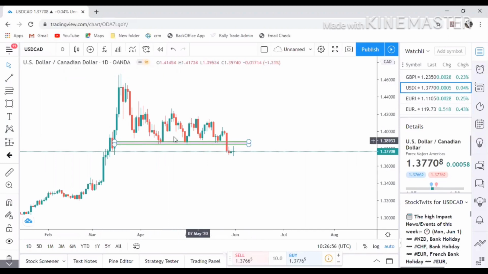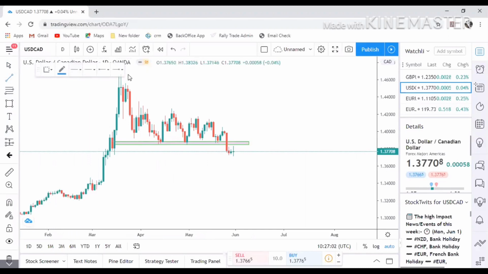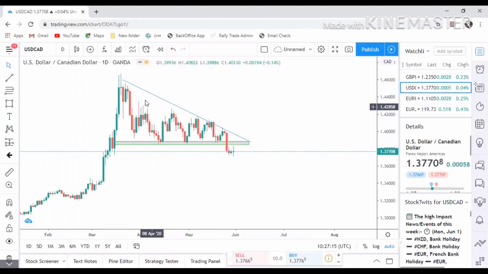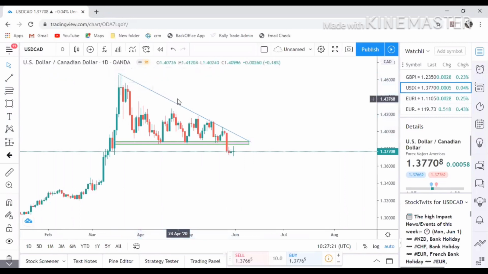So this is the base of the triangle, and then we can draw our trend line and see that it connects. So trend line here, here, here, and we have this. So you can see this triangle pattern that formed on the US dollar against the Canadian dollar.